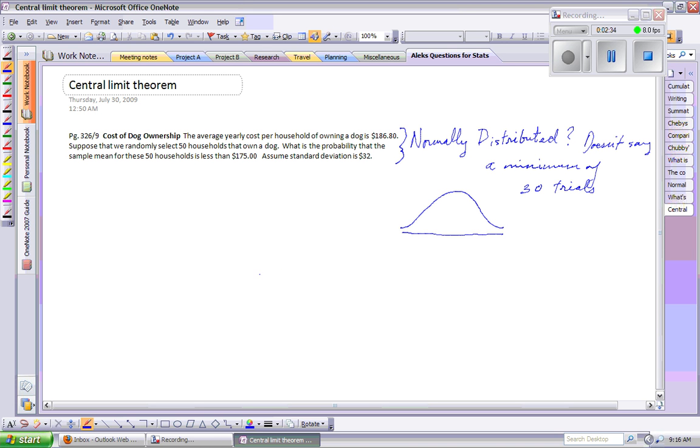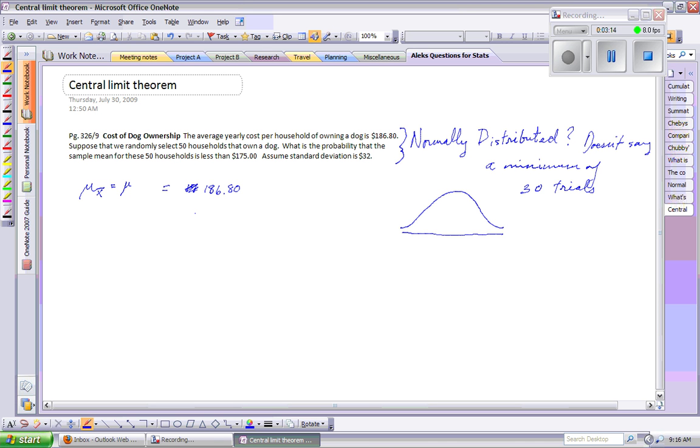What is the probability that the sample mean? We're trying to find the probability that the sample mean will be less than a certain value, right? So first thing you need to know is that the mean of the sample means is equal to the population mean, so that is 186.8.